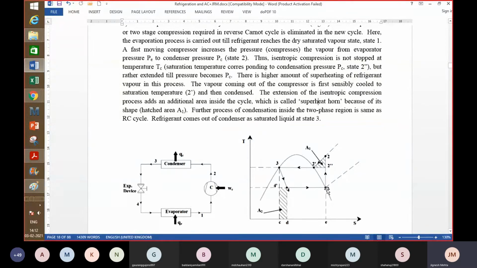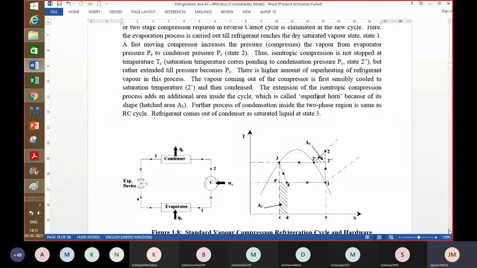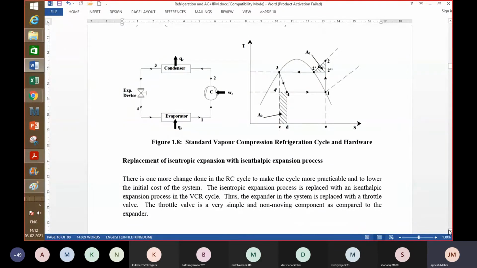But again, there is an issue, as already pointed out, with the two-phase expansion process, because a two-phase expansion process is carried out in an expander or turbine. Again, it's a fast-moving machine. Liquid particles are going to create erosion problems in that, and also going to interfere with the lubrication.